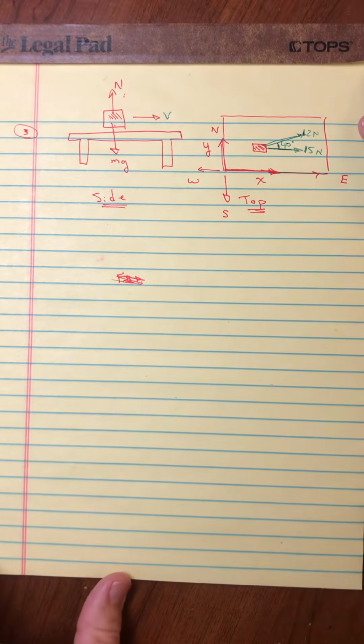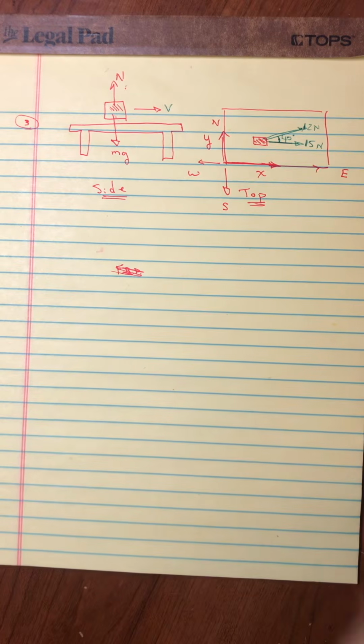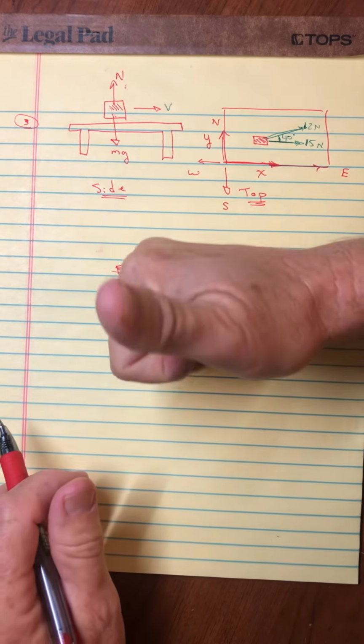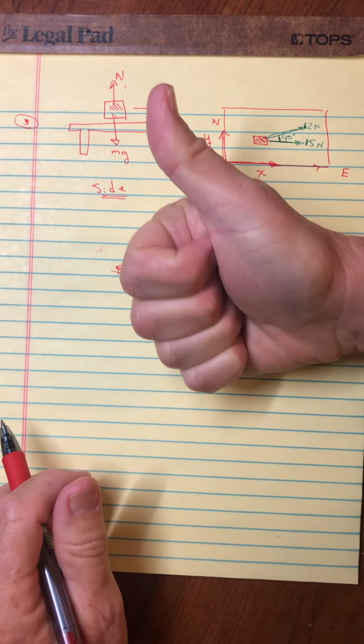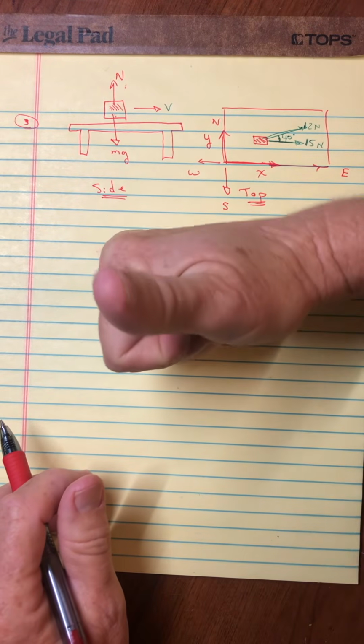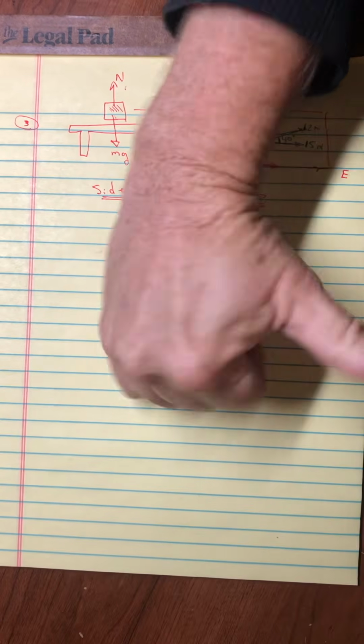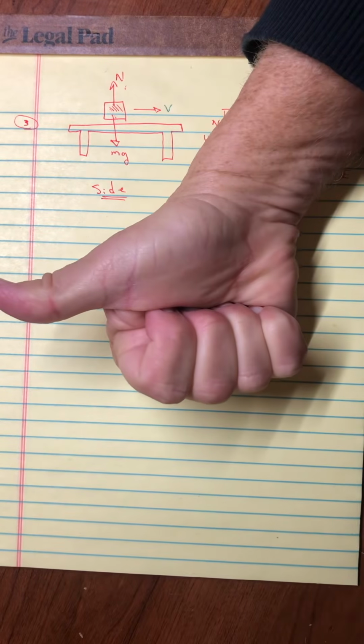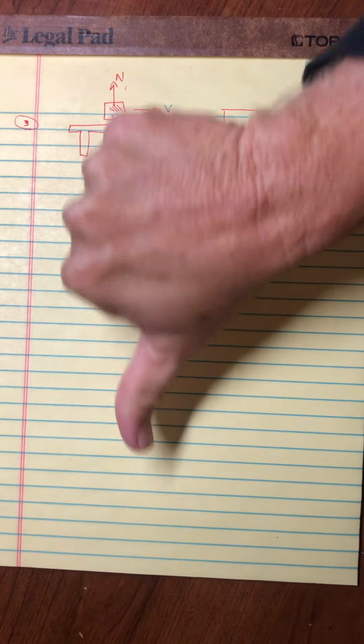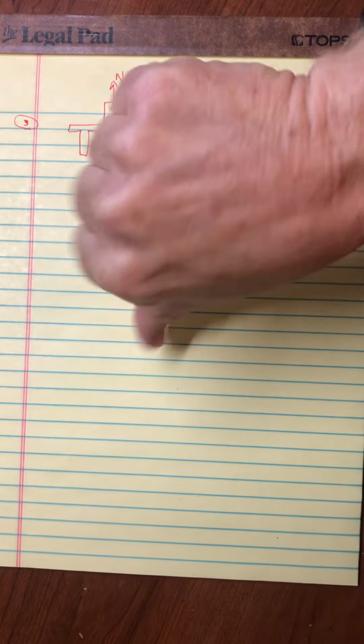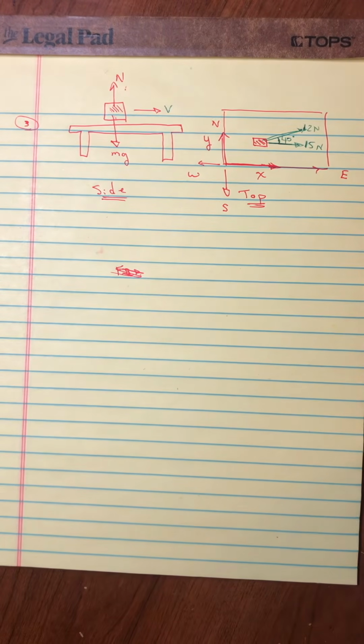And so I'm spending a lot of time here trying to make sure that you see the difference between up and north, east and west, south and down. Okay, so those are our 6 directions.